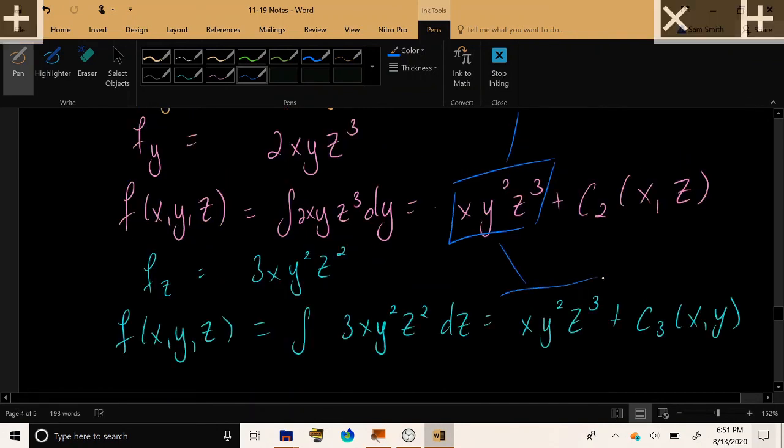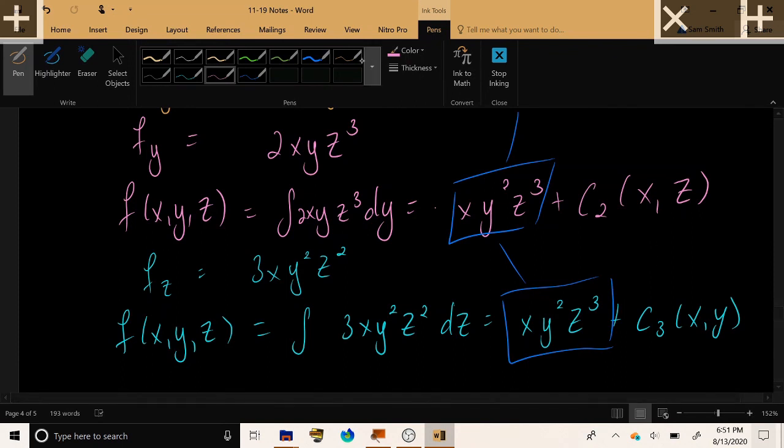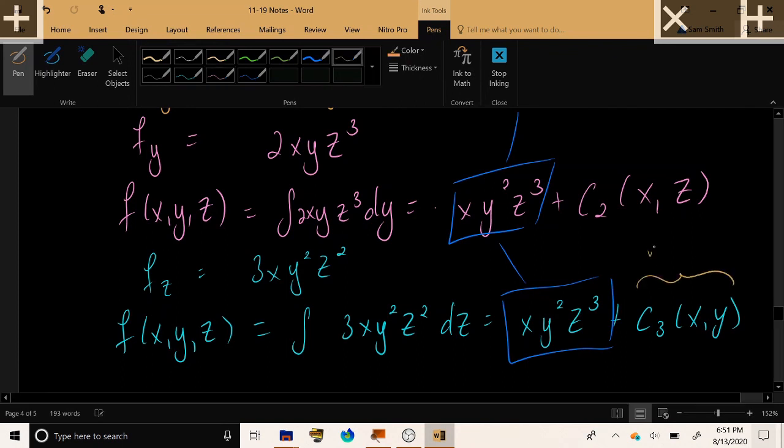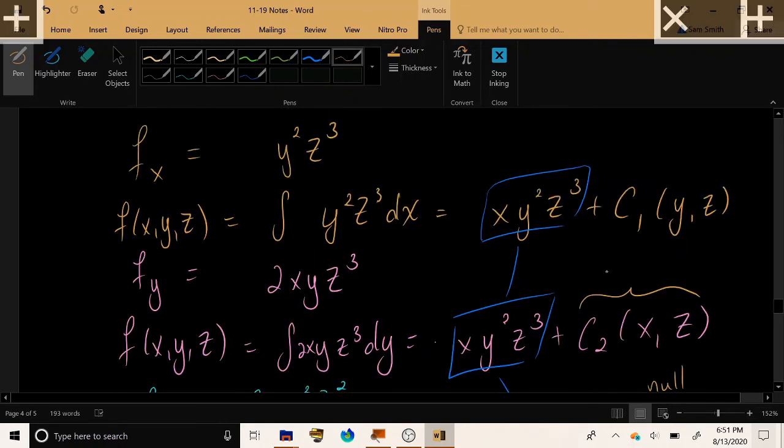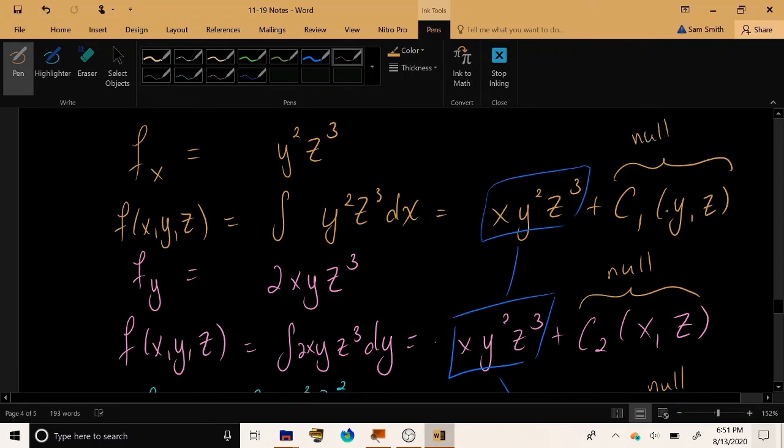And the other ones appear to be null, appear to be empty. No terms containing just x and y, no terms containing just x and z, and no terms containing just y and z.